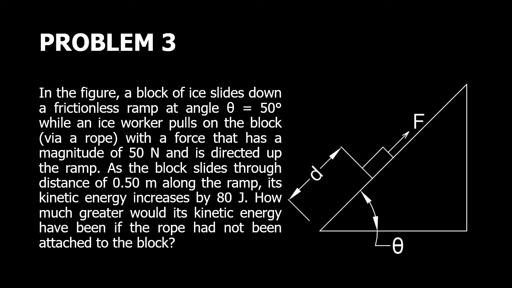How much greater would kinetic energy have been if the rope had not been attached to the block? So, if the rope was not attached to the block, they are asking how much more kinetic energy. So, we're gonna solve for the kinetic energy here.